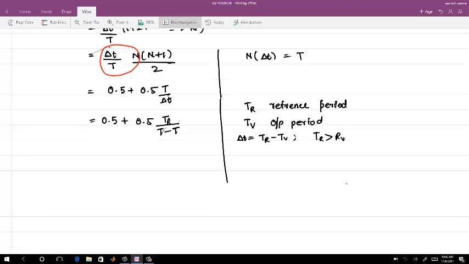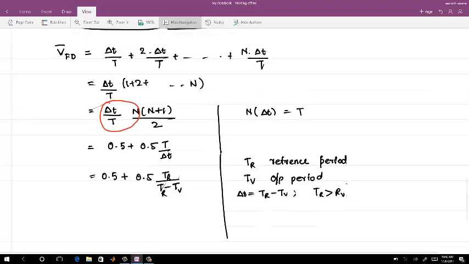This one is, let's say, TR and TR minus T. So the thing is this, when you are averaging for a VFD, it is not periodic with one period. So you cannot take an average over one period. So I am averaging over whatever periodicity exists in this output waveform.